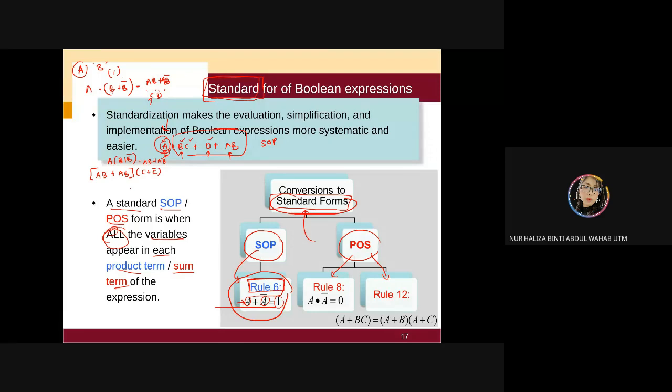Last time, I forgot which student, they were doing it like this: AB plus AB bar, and then multiply with C plus C bar. And after that, if you do this as usual, I will usually remind all of you to factorize because of this.